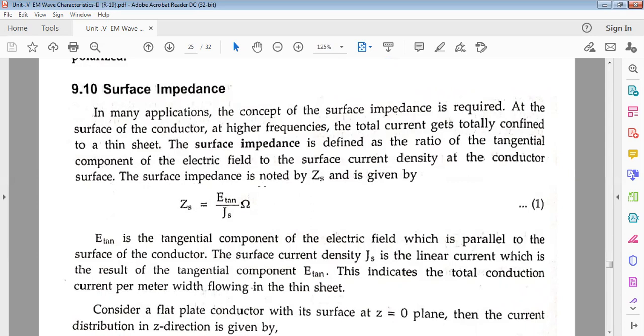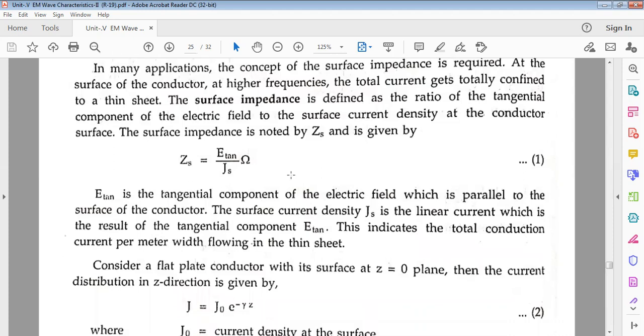The surface impedance is denoted as Zs and is given by Zs is equal to E tan by Js.